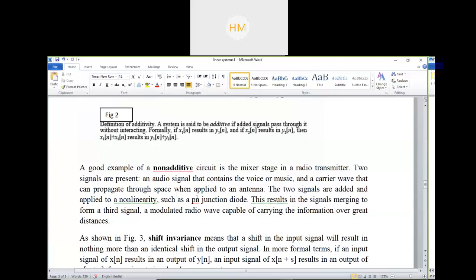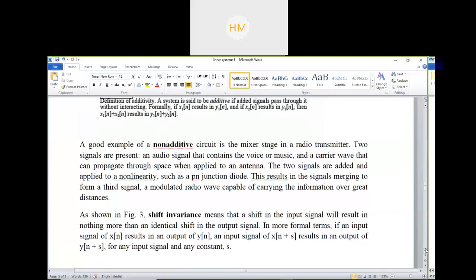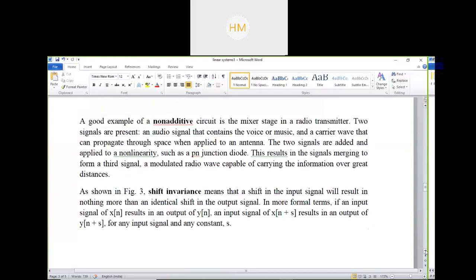So a p-n junction device is a non-linear system. The resulting signal is not the exact result of adding the carrier wave with the original signal. So this is an example of a non-additive circuit, the mixer stage of a radio transmitter.